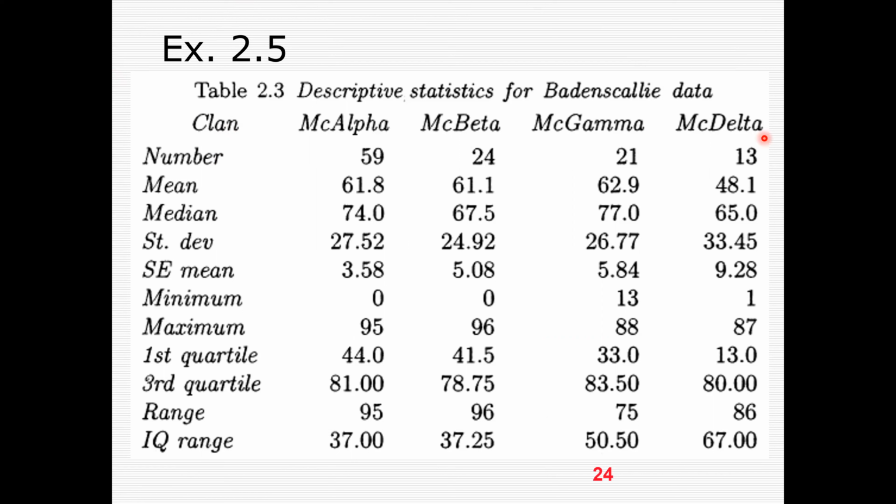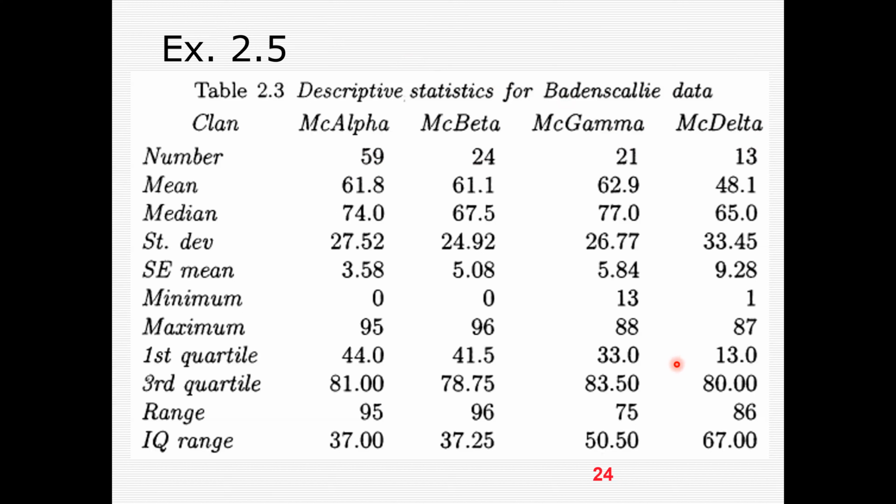But in their data, they have a different number of members for each clan. The sample size is different. This is 59, this is 24, this is 21, this is only 13. And they summarize the sample statistics for each clan here in this table.